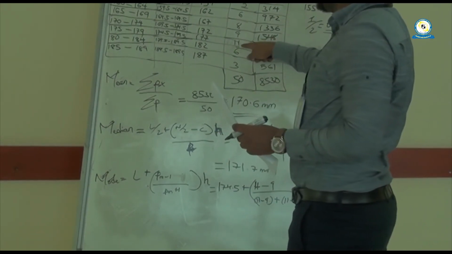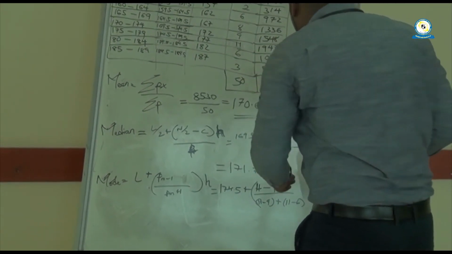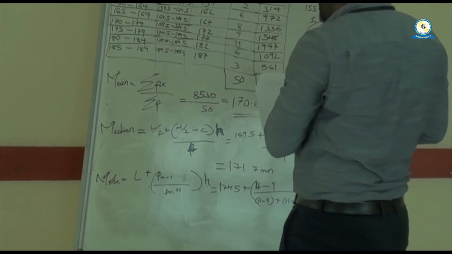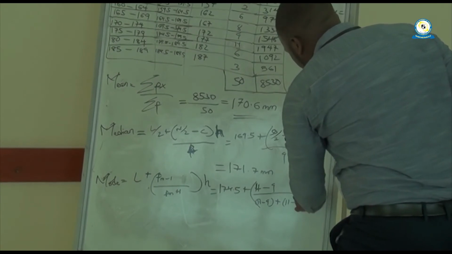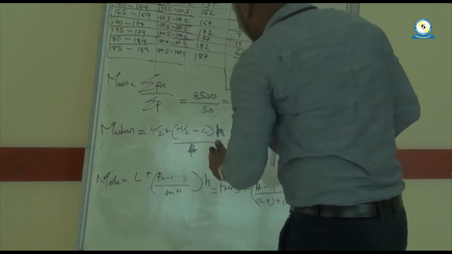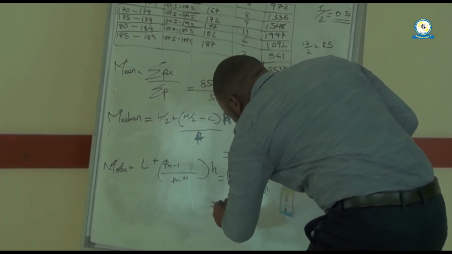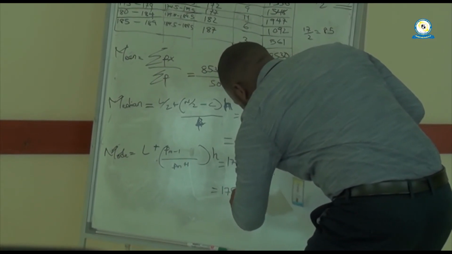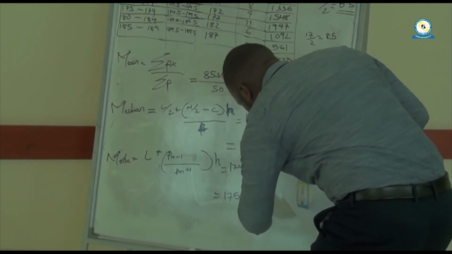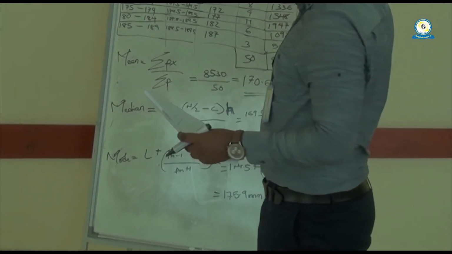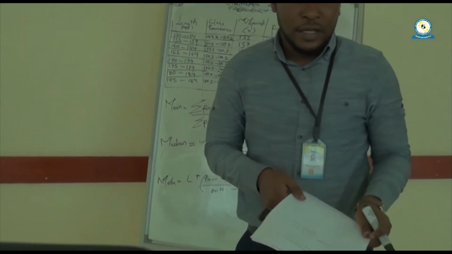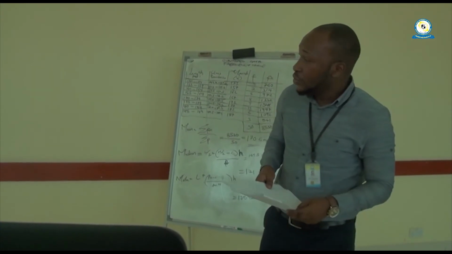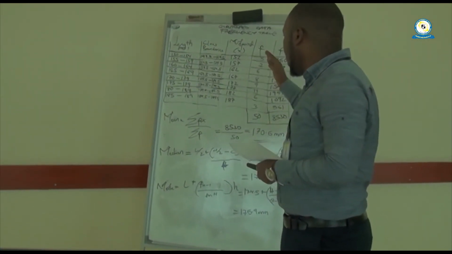In the brackets is the class width, which is 5. We end up with 175.9. Okay? That's how you calculate the mean, median, and mode using grouped data.